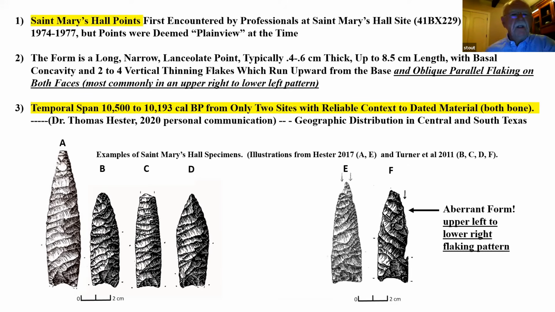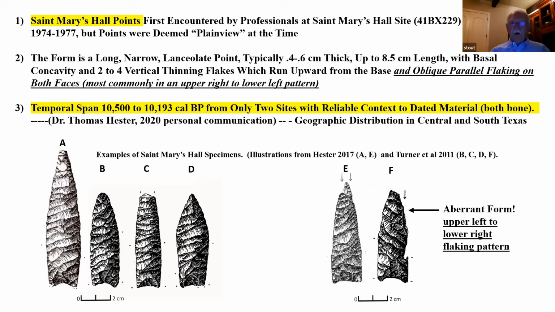The time period that it existed within was generally about 10,500 to 10,000. There's only a couple of sites known in the state that have radiocarbon dates that can give direct age dating and establish how old these points were.